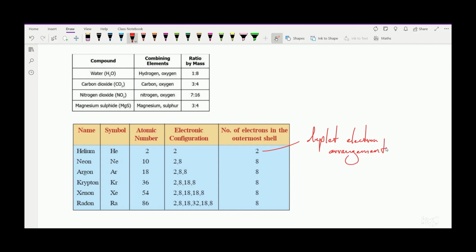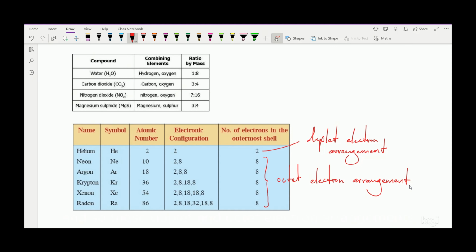While the other noble gases have what we call an octet electron arrangement because they have 8 outer shell electrons.